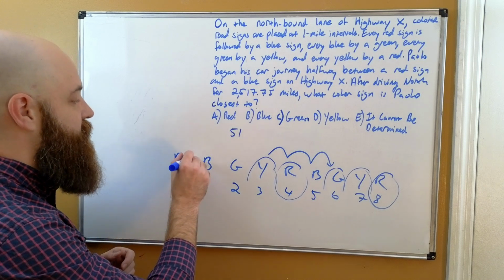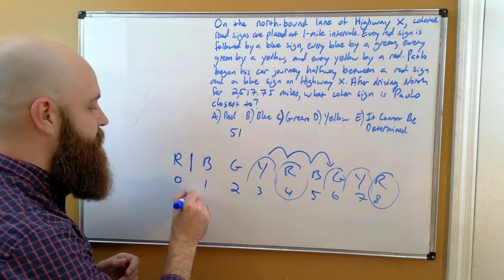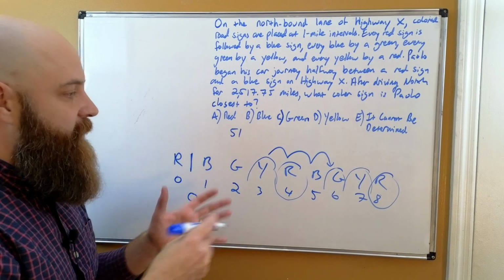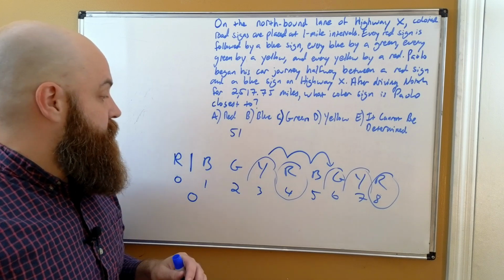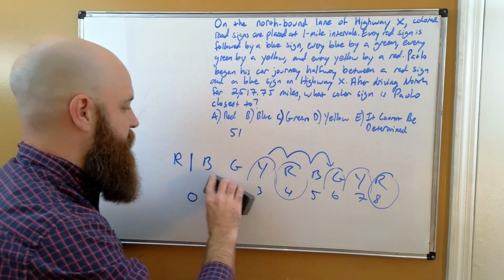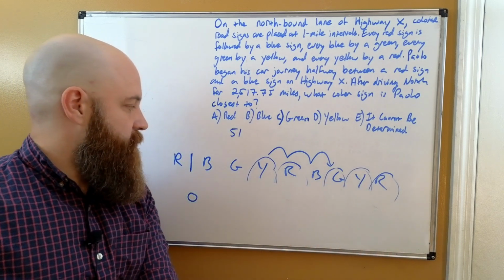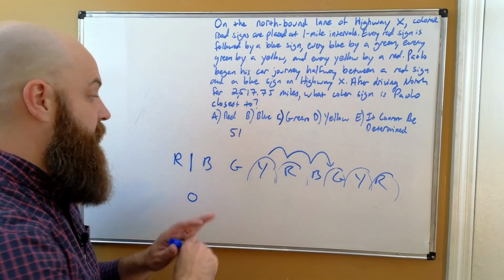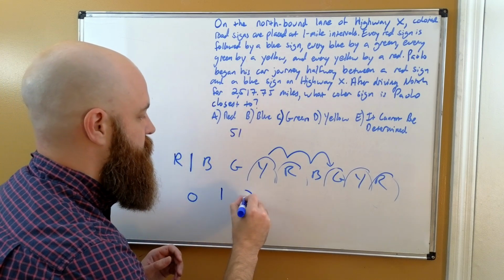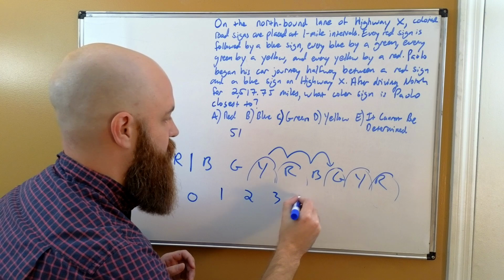So my 0 point is actually not at red, but halfway between red and blue. That's okay. I'll just shift all of these numbers forward by a half. So if 0 is halfway between red and blue, then 1 would be halfway between blue and green, and 2 would be halfway between green and yellow, and so forth.